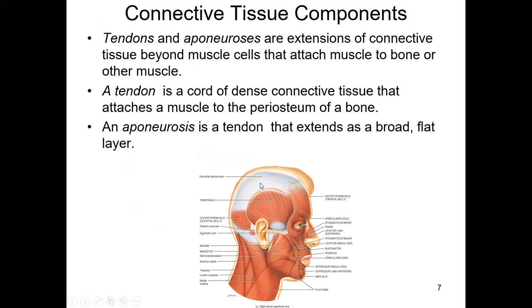Very important portion of entire muscles, because only tendons and aponeurosis can grab onto bones. So if muscles want to move bones, they need this middleman, the tendon or the aponeurosis, which are made of connective tissue.